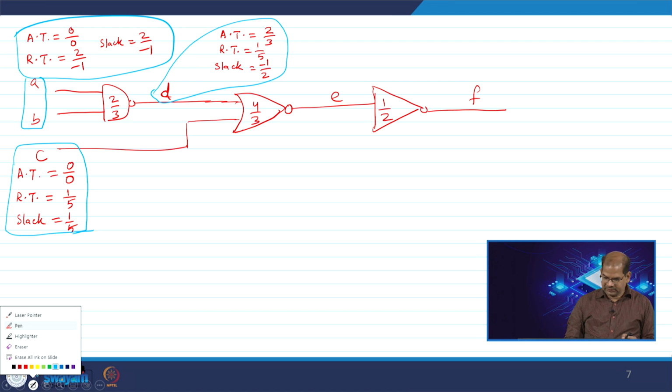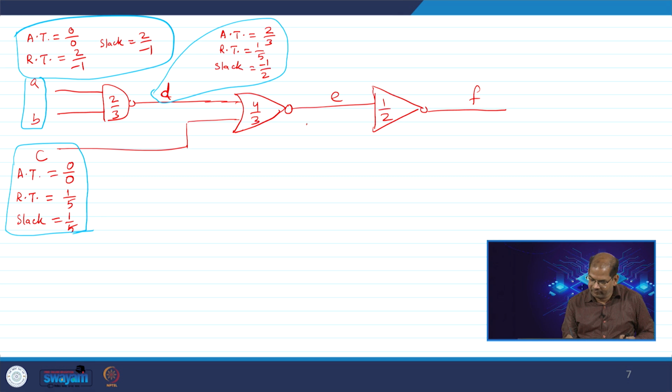Now, if I go to node E, arrival time at this point is basically 7 by 5 and the required time at this point is basically 9 by 4 and the slack is basically 2 by minus 1.